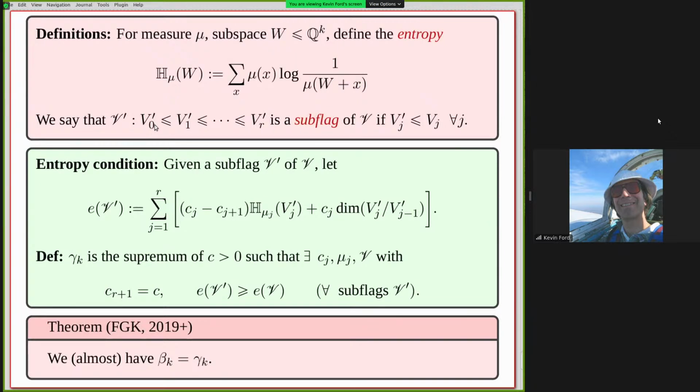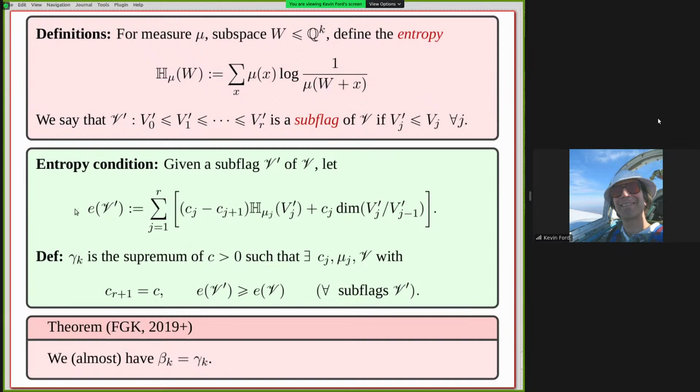It's just a flag of vector spaces where each Vj prime is a subspace of the Vj appearing on the previous slide. And we allow equality in some of these, so that's a little different from what people usually use the word flag to indicate. Again, this is a very technical condition. There's a certain expression, which is a function of the subflag and a function of these thresholds, Cj.